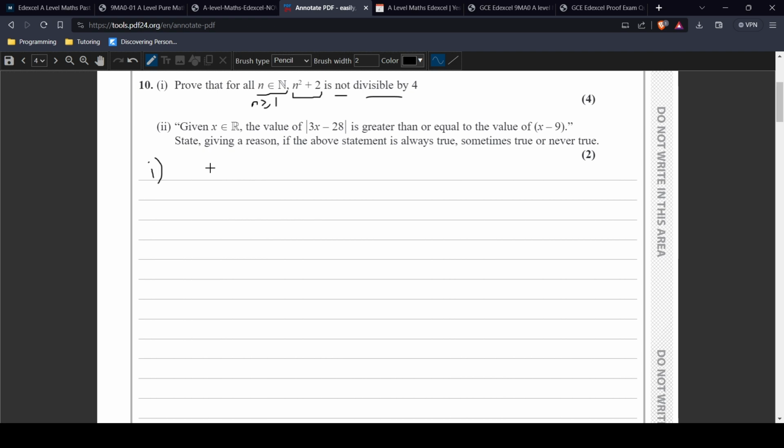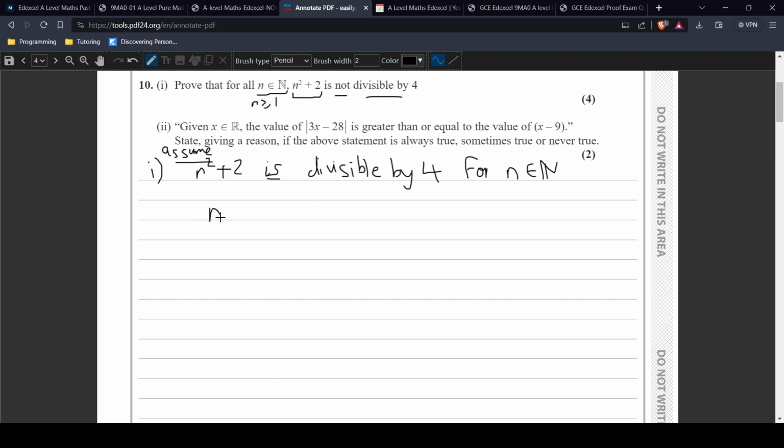So we're going to assume that for every whole number bigger than or equal to 1, n squared plus 2 is divisible by 4 for every natural number n, and this is our assumption for a contradiction.